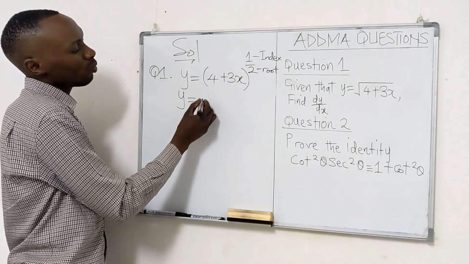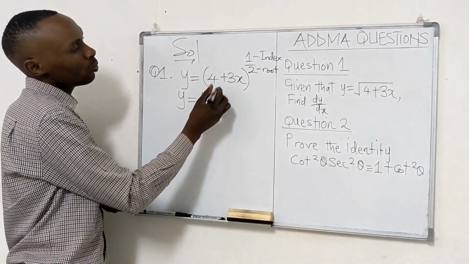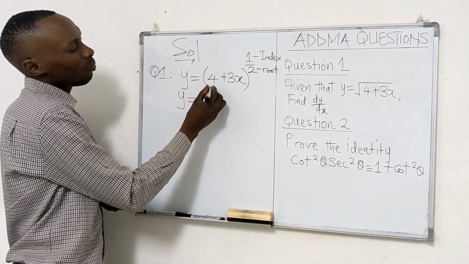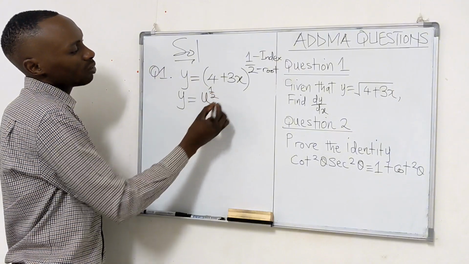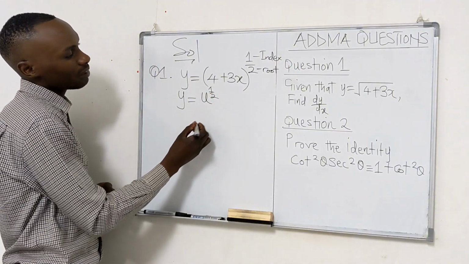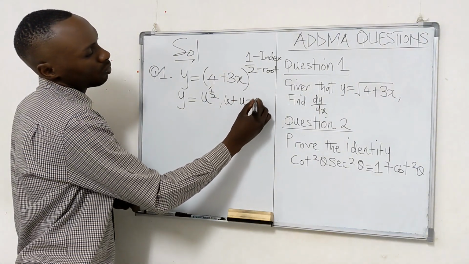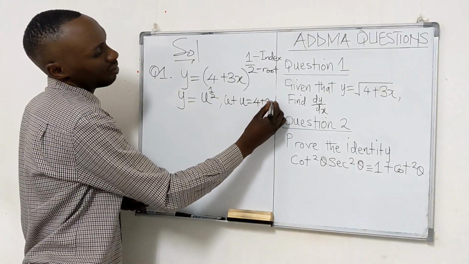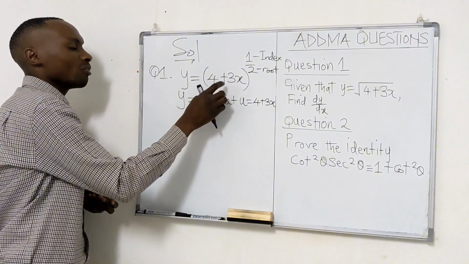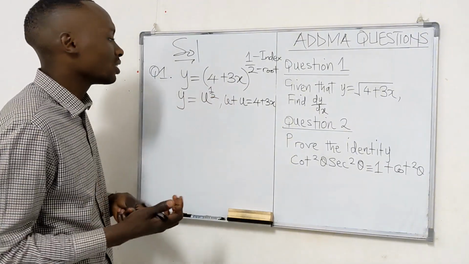This means that we've got y equal to u to the power 1 over 2. So we let u equal to 4 plus 3x.